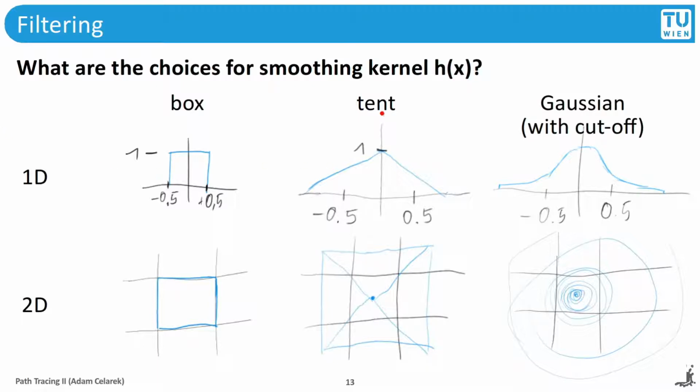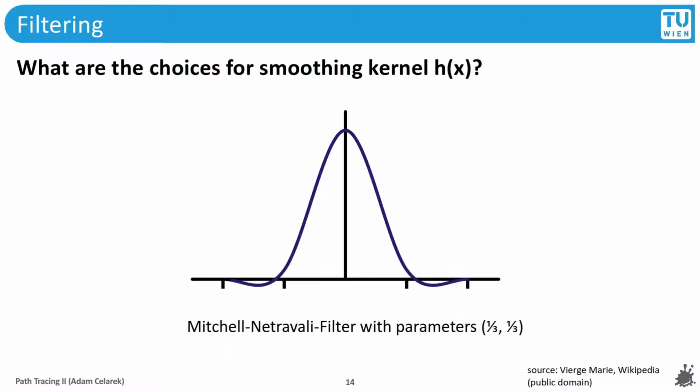The tent filter is slightly better, and the Gaussian filter is reasonably good, but smooths the result. As you see, the Gaussian is clamped in here and in here. This is to limit its support. There is a family of filters called Mitchell-Netravali. You can see that they can be negative in here and in here.